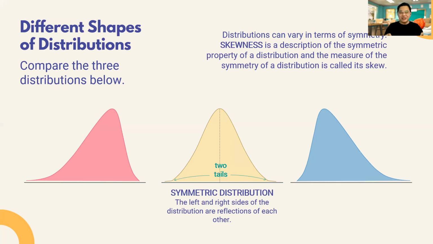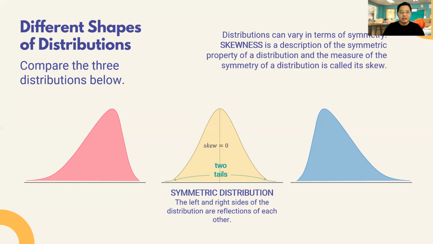So if you notice a symmetric distribution, there are two tails. Since the distribution is symmetric, we should be able to see that the left tail and the right tail are also identical. So we identify two different tails of the distribution. All right. Now, in terms of measurement, we can actually compute for the variable or the coefficient of skewness.